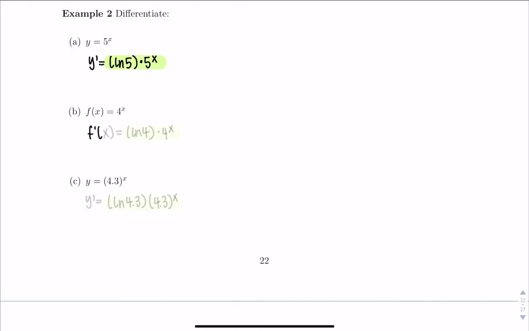When I differentiate 4 to the x, I get ln of 4 times 4 to the x. And for the last one, I would end up with ln of 4.3 times 4.3 to the x.